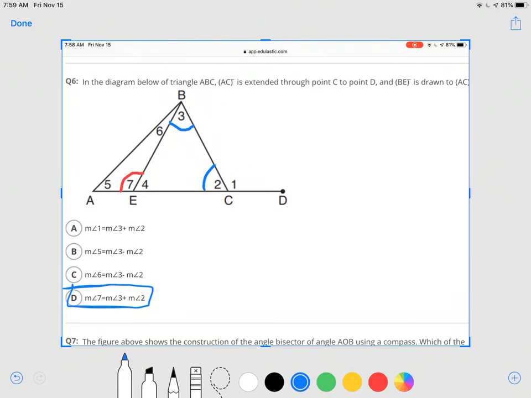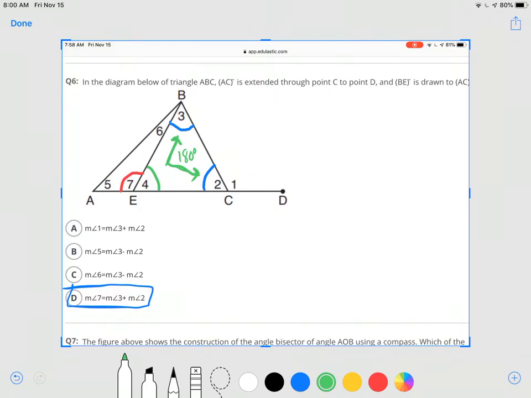Angle 4 is supplementary with angles 3 and 2. Why is that? That's because the 3 angles in that triangle have to add up to 180. So angle 4 is supplementary with both of them combined.